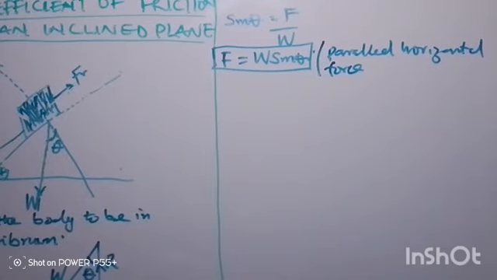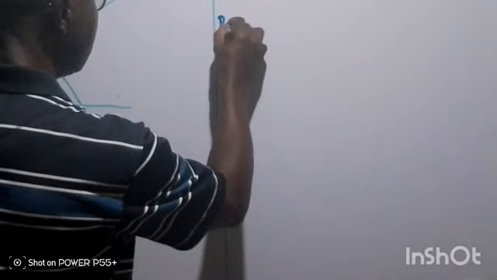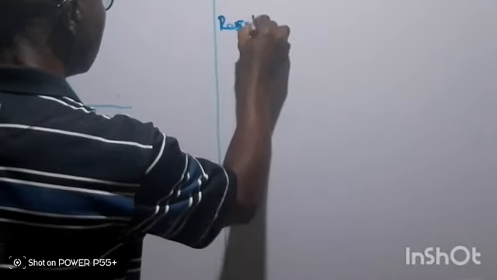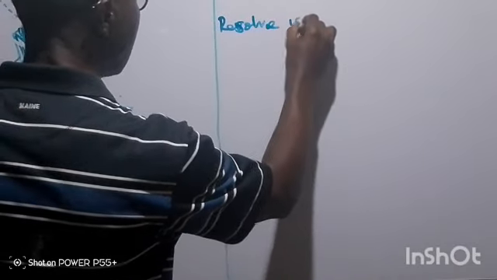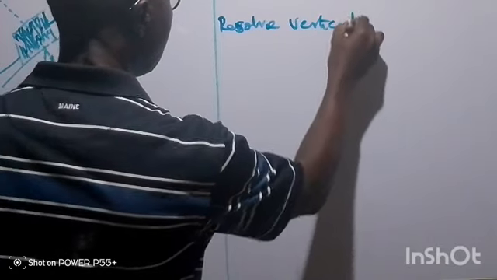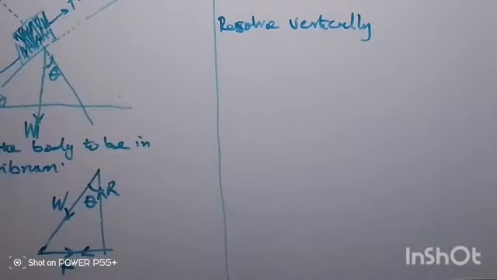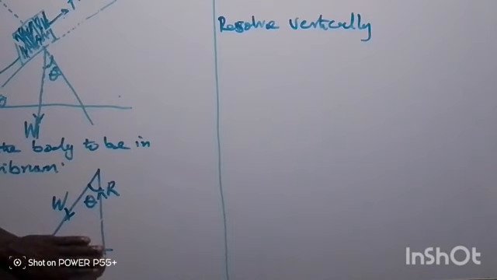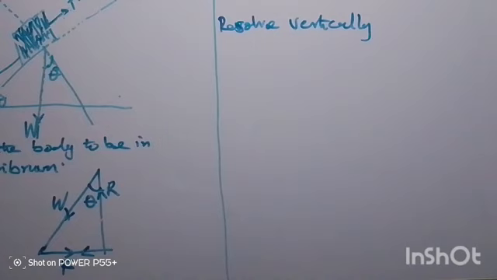Then again, if you resolve it vertically, on the vertical component, you close the horizontal force, and make use of the normal reaction, the angle, and the weight of the body. This side is adjacent to this angle, and this is the hypotenuse.